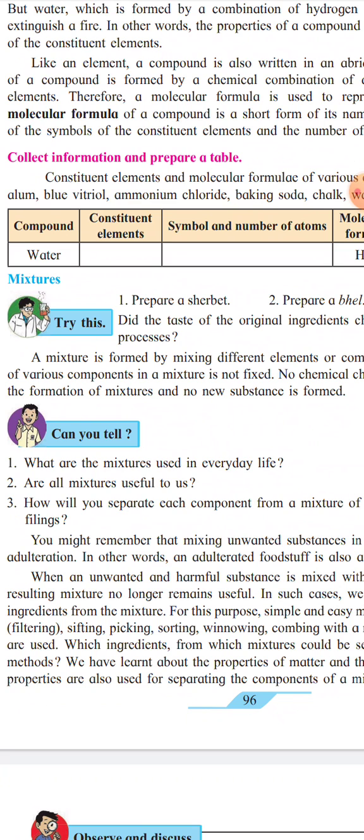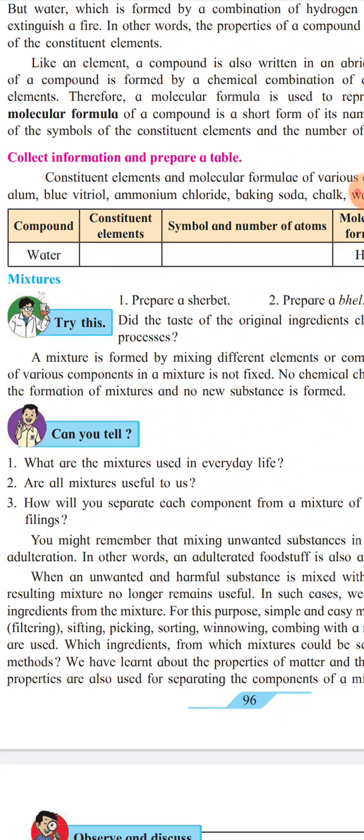As you know, washing soda or soda ash is sodium carbonate. Here, sodium 2 atoms, carbon 1 atom and oxygen 3 atoms. Its molecular formula is Na2CO3. It can be used to remove stains from clothes.